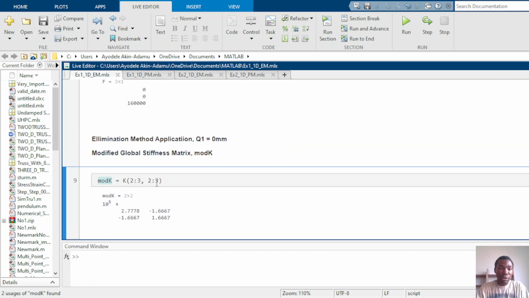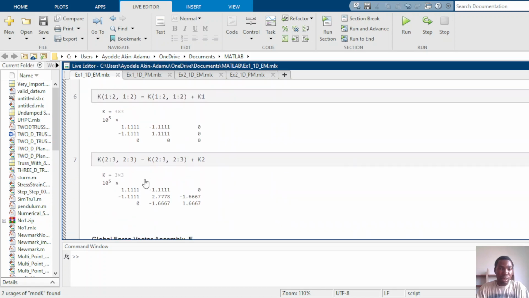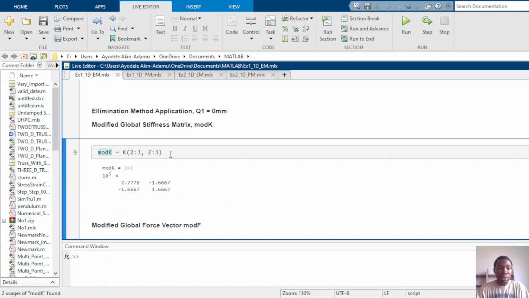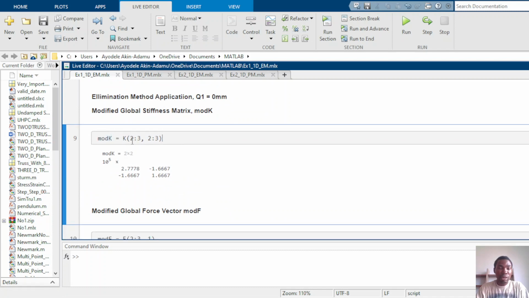I'm going to extract these values using this MATLAB code. I'm calling K open bracket, extract the elements between row 2 and 3 and column 2 and 3.